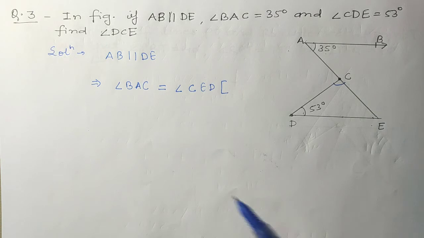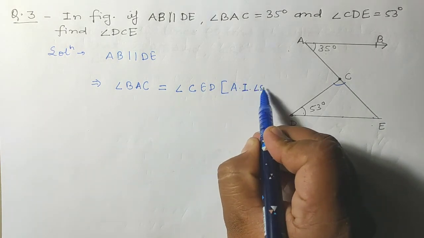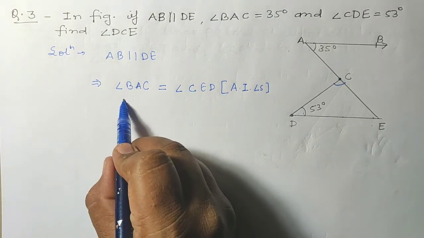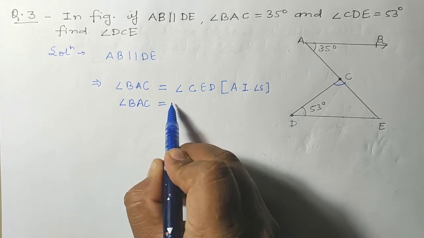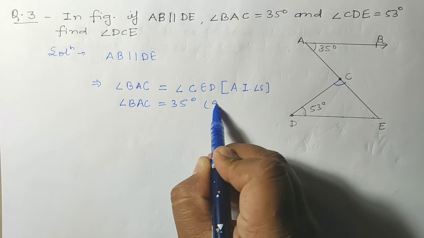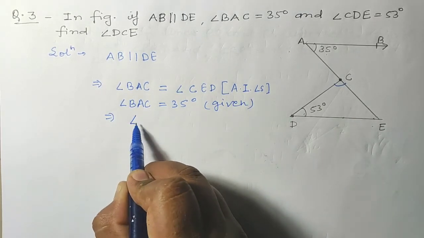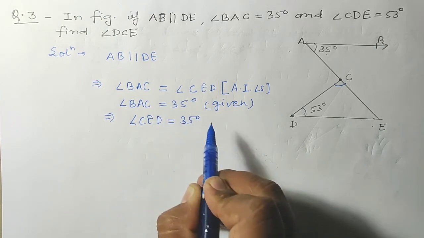The reason behind it is alternate interior angles. This angle BAC was given as 35 degrees, so this will imply that angle CED is also 35 degrees.